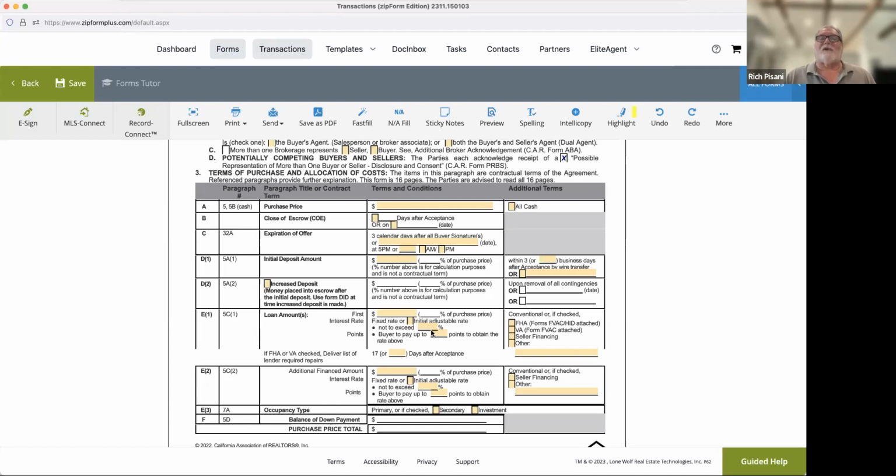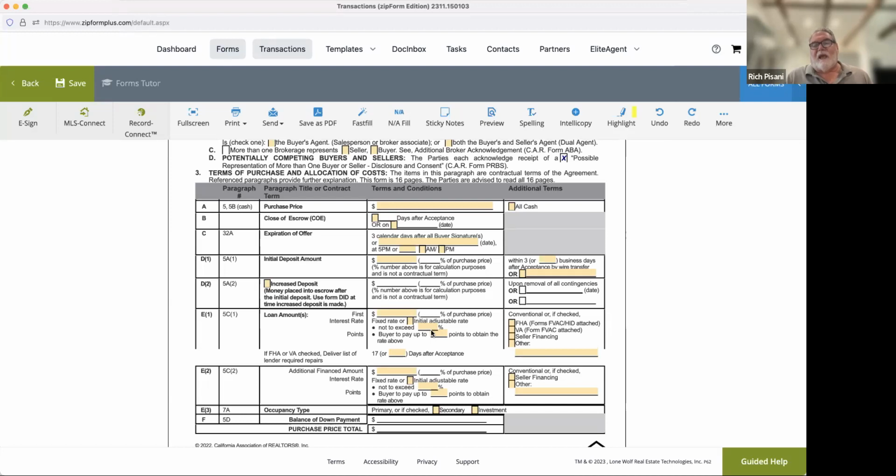But if that buyer can still qualify for that rate, they have no out. So that is why you want to put a little cushion. Say it's 7%, okay, not to exceed 7.5. But you once again have a discussion with your seller as to what's good for them.